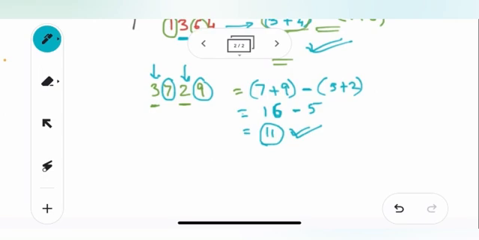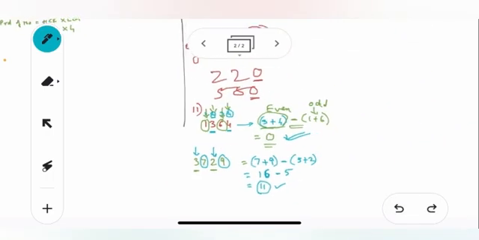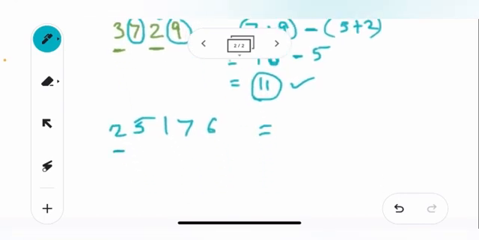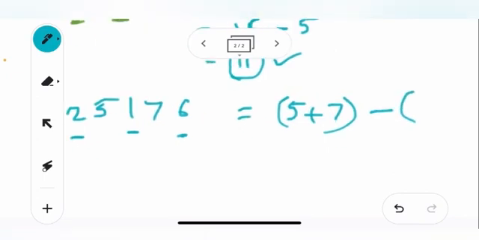But if the total comes as something else, suppose I take one more example, 2 5 1 7 6. The digits in the even places are 5 and 7, minus all the odd-place digits, that is 2 plus 1 plus 6.